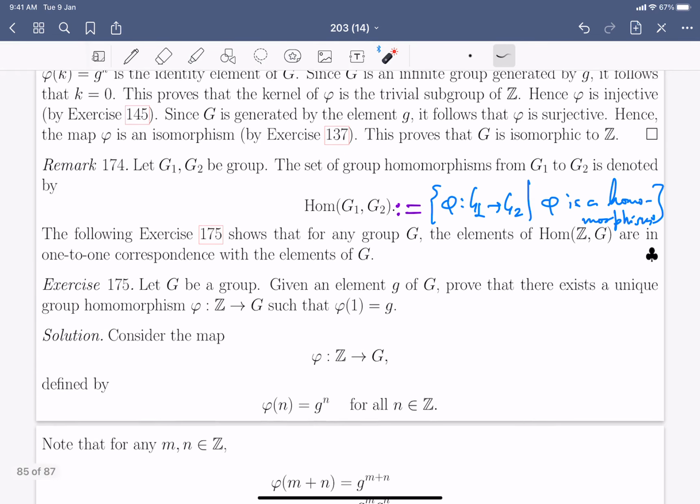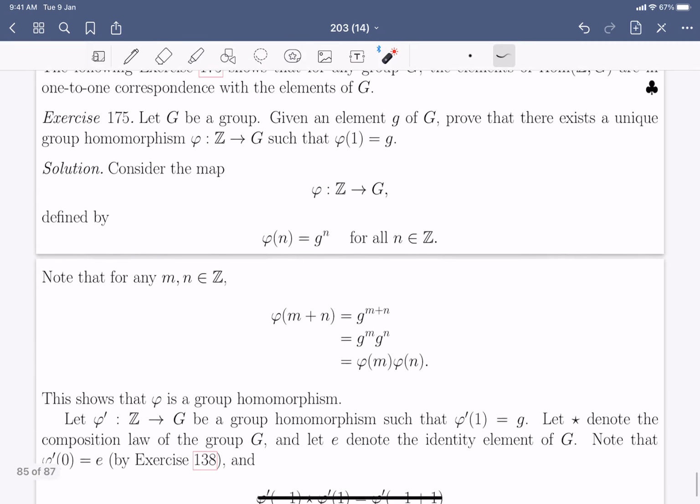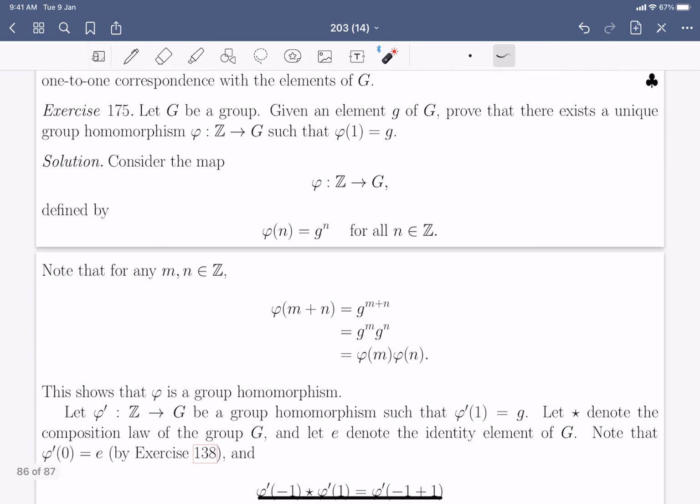So the first claim is that for an element little g of G, there exists a unique group homomorphism phi from Z to G such that phi of 1 is g. You just do what you're supposed to do, because if you want phi of 1 to be g, then what is phi of 2?